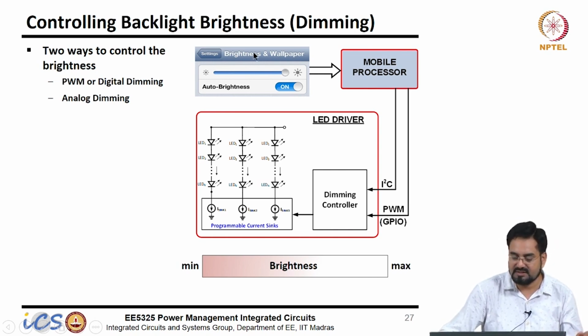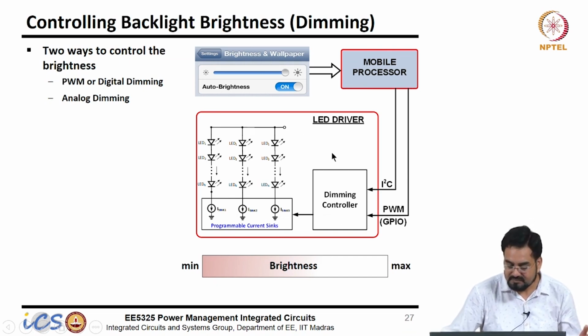So all this, from your application layer, the command is sent to the mobile processor, and the mobile processor sends this command to the dimming controller, which is part of your PMIC, the LED driver we call, and that does nothing but control this current, and that is how the brightness of the screen is controlled.